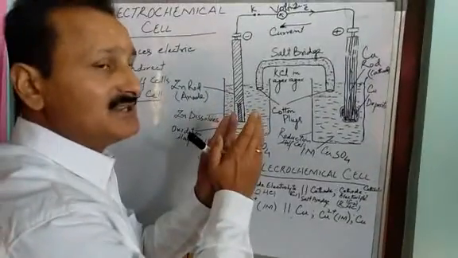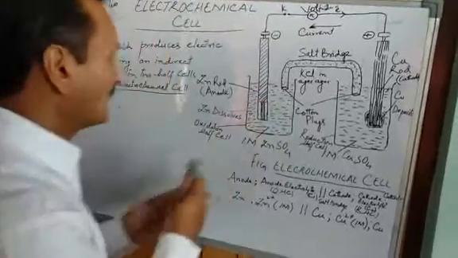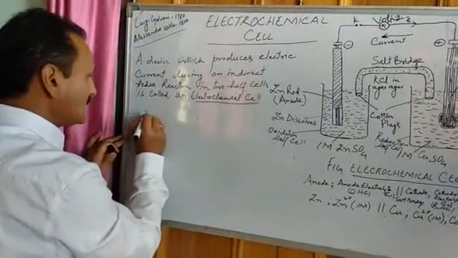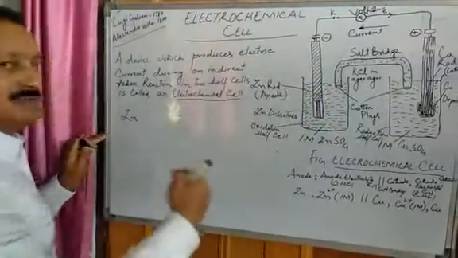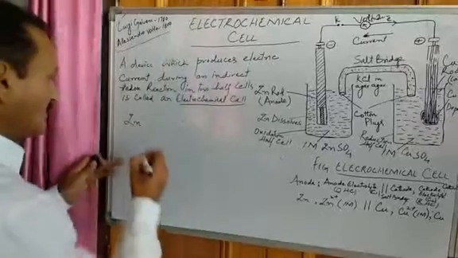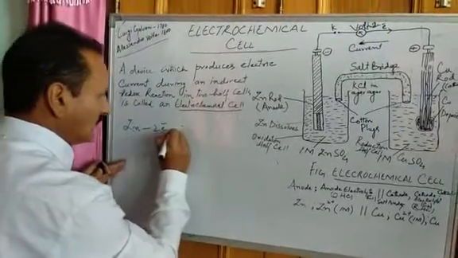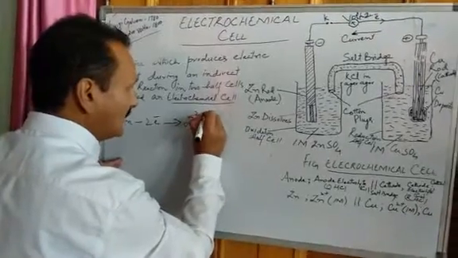As the name suggests, oxidation will take place in this cell. How? Just see. Here this zinc rod begins to dissolve. It begins to lose electrons to form zinc ion.